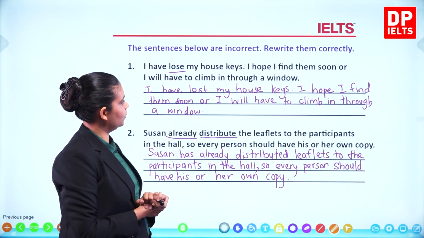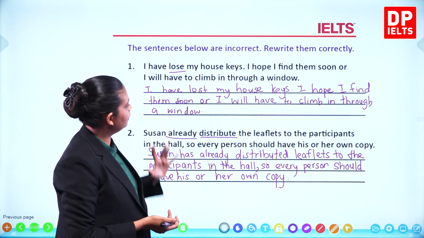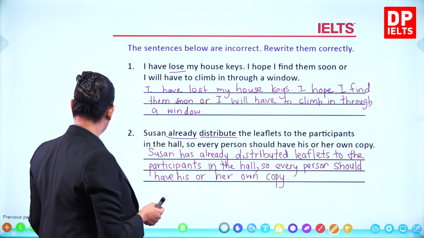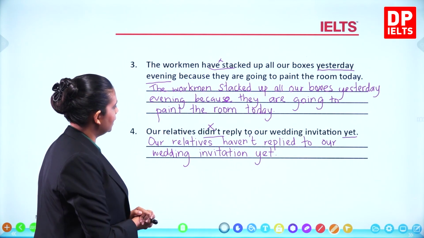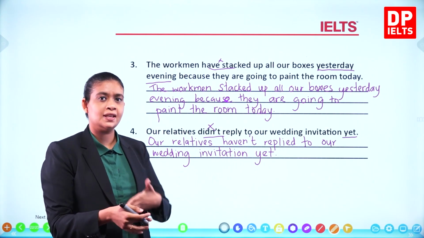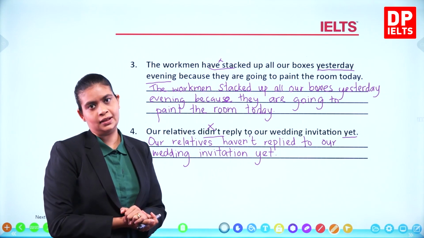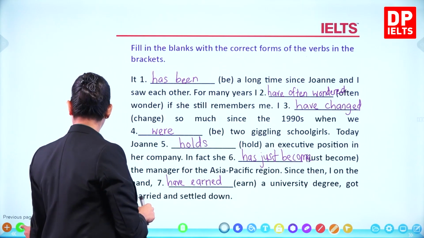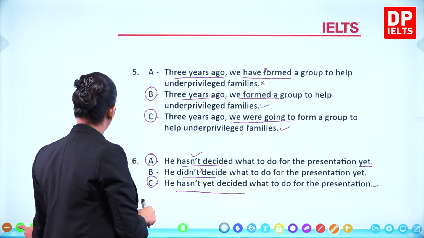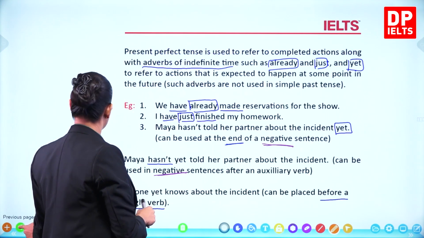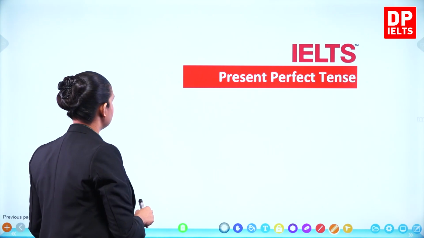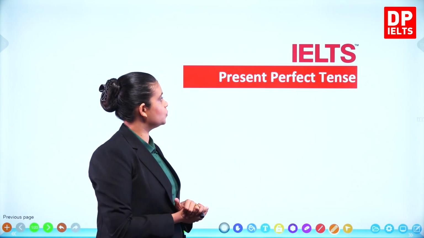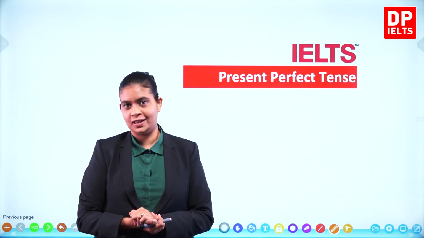I've done it along with you. So the incorrect ones I've corrected and rewritten again, right? And I've also told you the reasons as to why they are incorrect. So what have we done today? Lots of questions, and we've done a recap, or we've run through the lesson, which was present perfect tense.